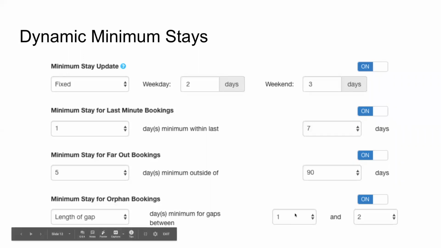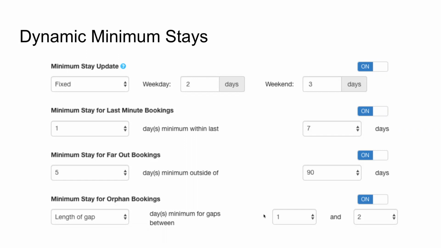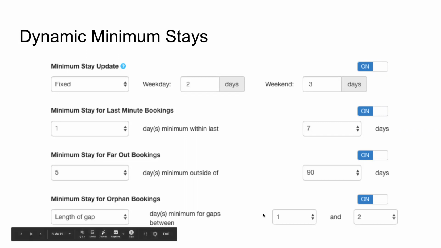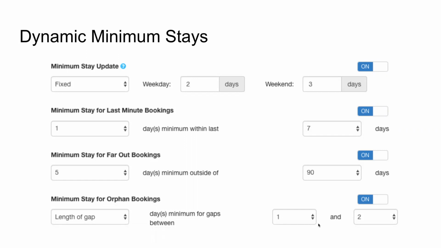So if there's a 1-day gap in between 2 bookings and your minimum stay is typically 2 nights, this setting would make that stay bookable for 1 night, and then you could set any premiums or discounts for that 1-night booking, depending on your pricing strategy. Or let's say you had a 4-night minimum, but there's a 3-night gap. This setting here could automatically make that bookable without you going into Airbnb and changing any settings there on your end.